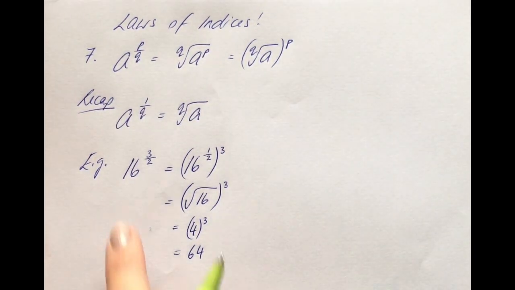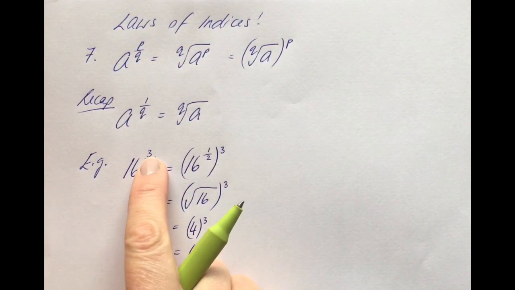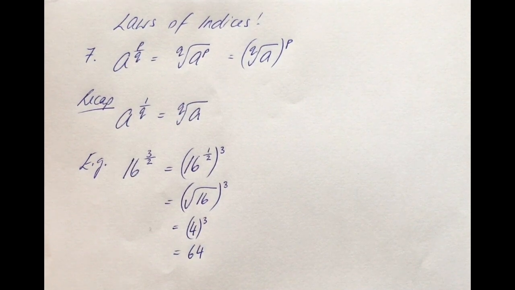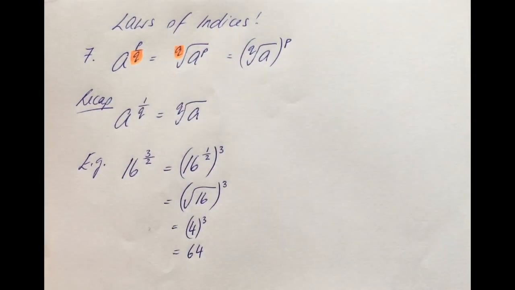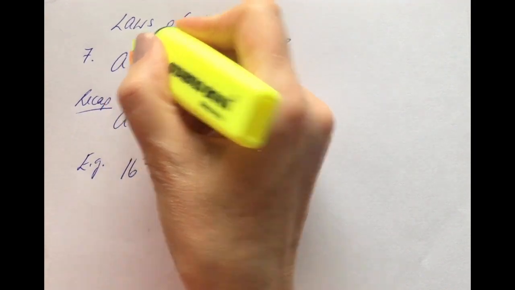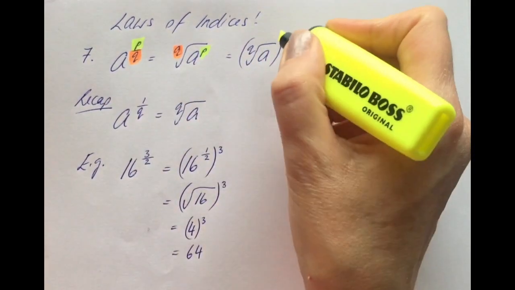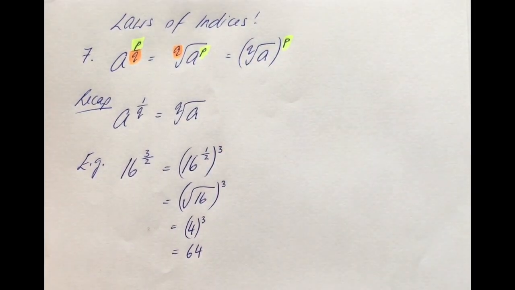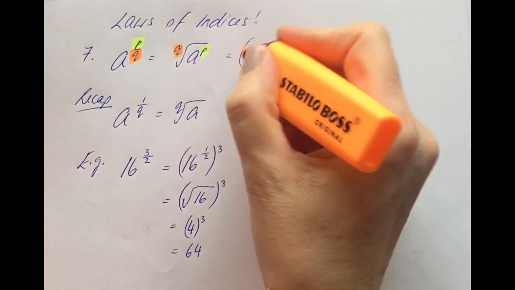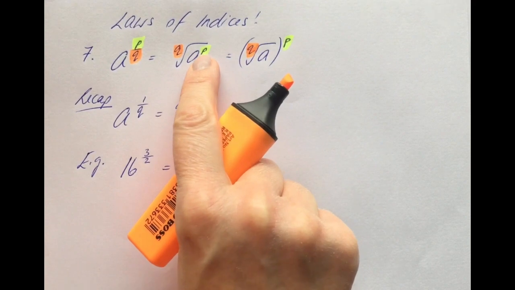Okay, so that's kind of a little bit of an understanding as to what we're dealing with here when we have a numerator and a denominator. So let's just analyze it a bit further. Key thing is your denominator always tells you what root it is, okay? Your numerator is always going to be then to the power. Now, whether you're considering it over here, like I did, I kept it out on the brackets, or whether you're considering it in the root.